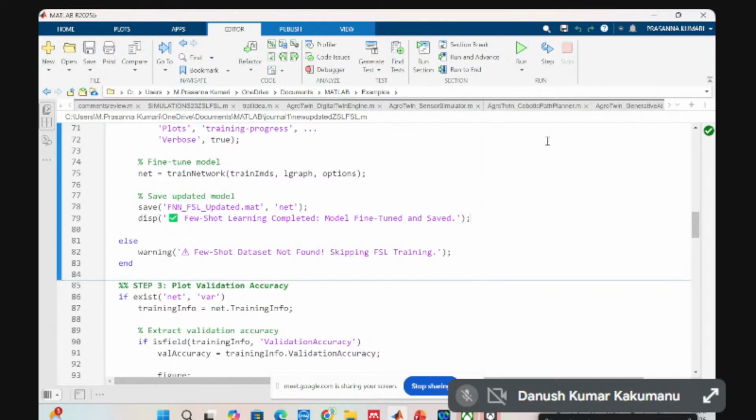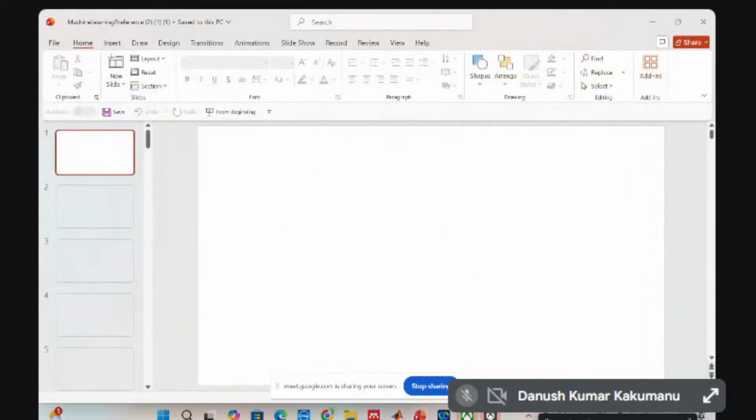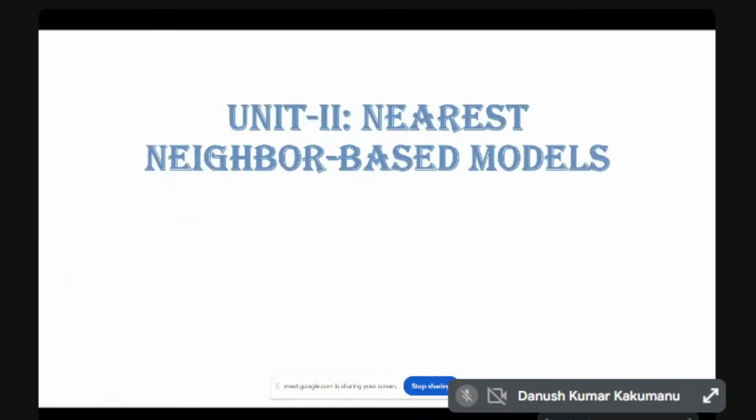So this is the inductive learning. So we will start with nearest neighbor. Keep it in unit 2, nearest neighbor based models.